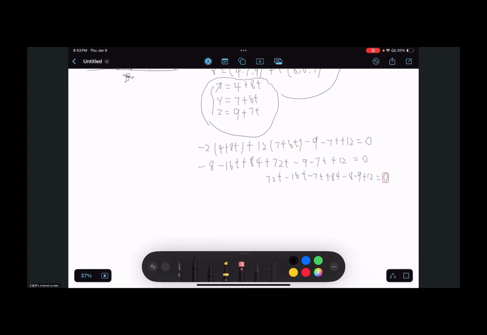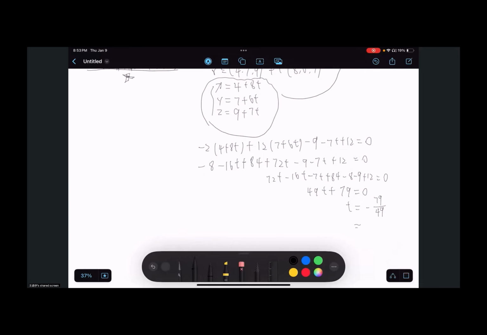And we got 49t plus 79 equals 0. So t equals negative 79 over 49.